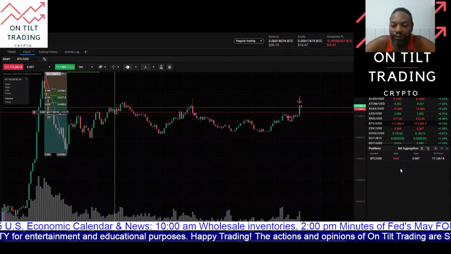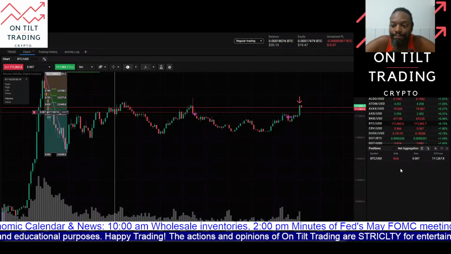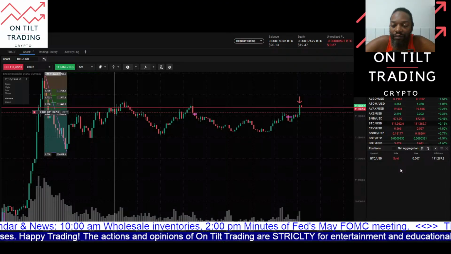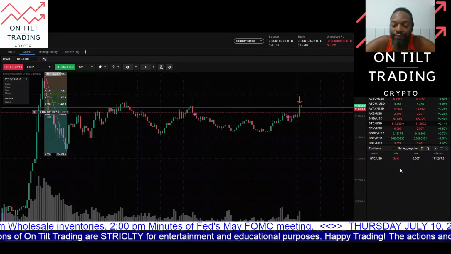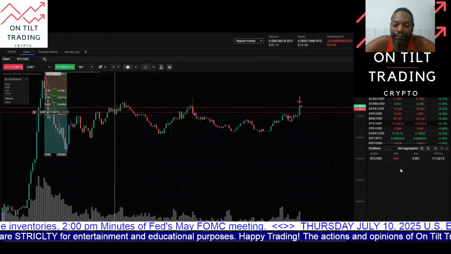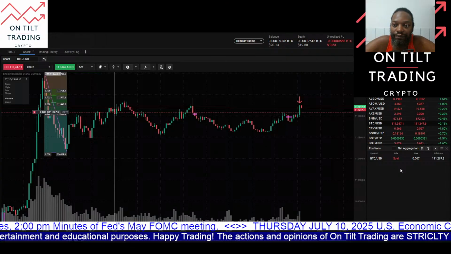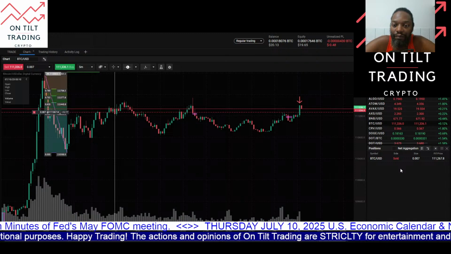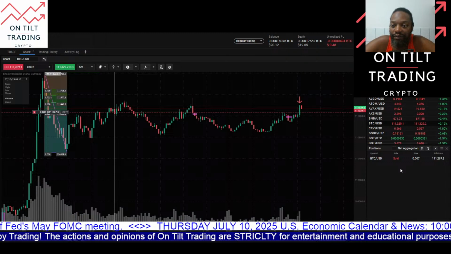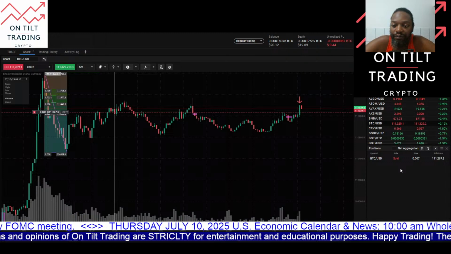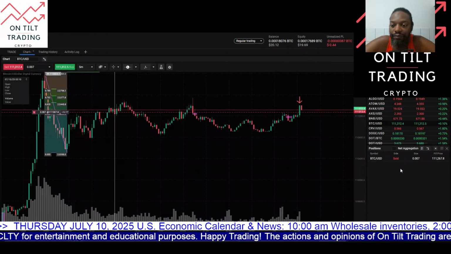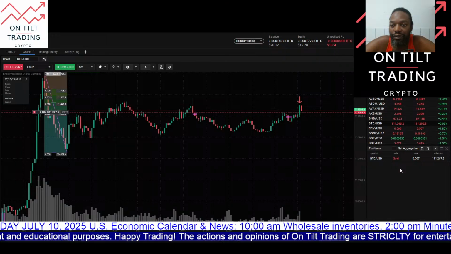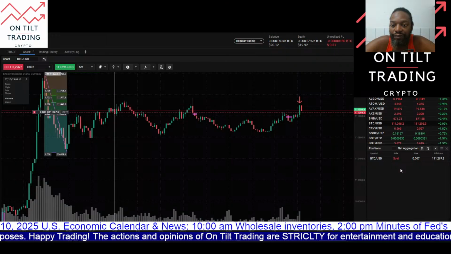Some sell side delivery. Price trading near the 111,350 level. Further sell side delivery. Price trading near the 111,300 level.